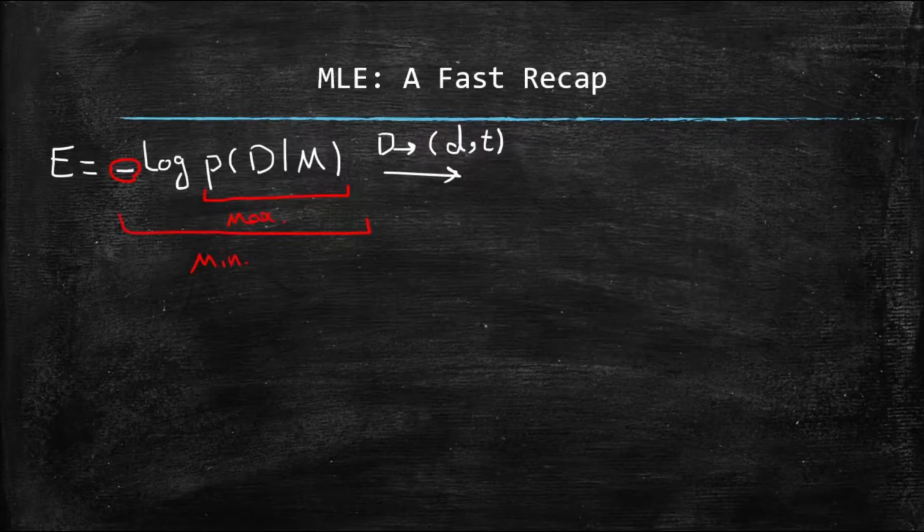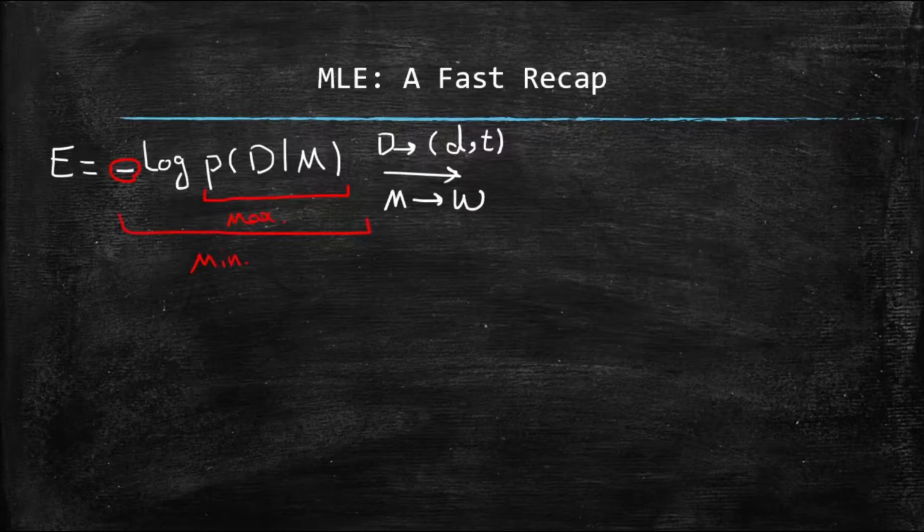So if I substitute these D and T with D in my formula, and if I remember, I said that M, our model, is nothing but the weights in my neural network, right? So we are assuming that we have a neural network here.